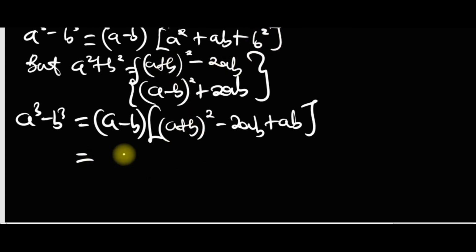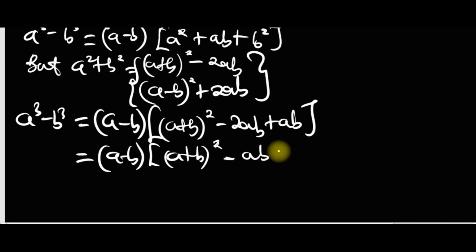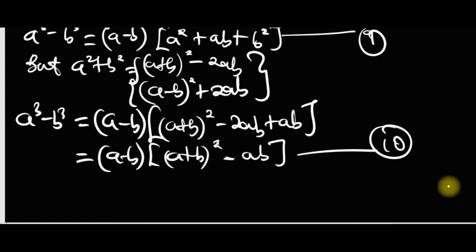So we'll go down to this: a plus b all squared, minus 2 plus 1 is minus 1, so minus ab. So we'll call this, remember the other one is 8, this is 9, and this is 10.